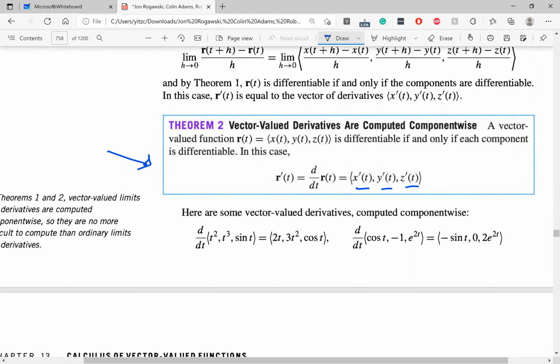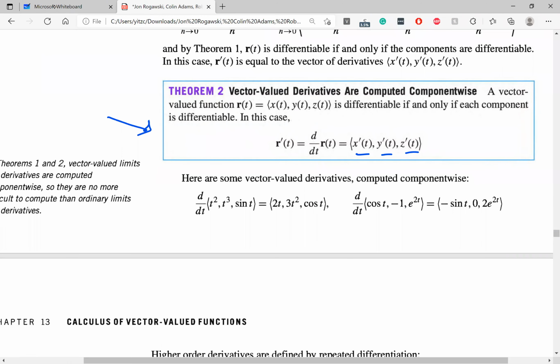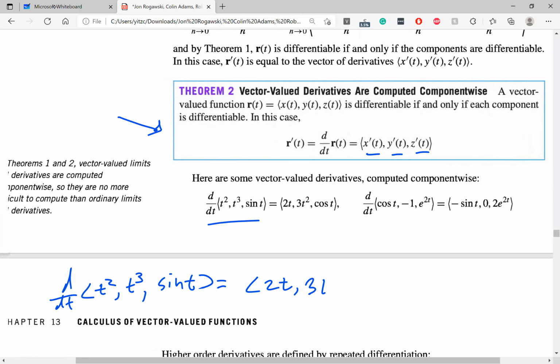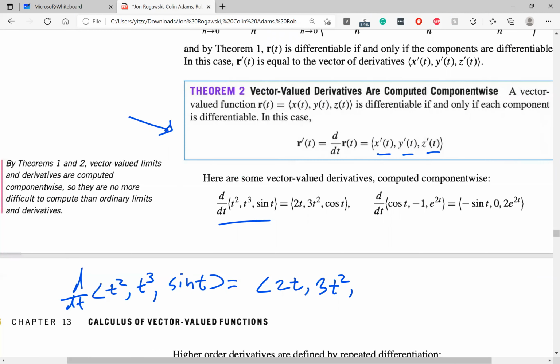So they ask us to calculate some derivatives. So let's say over here, we have what is the derivative of the vector t squared, 3t to the third, and sine of t. Well, that's going to be 2t, 3t squared, and cosine of t.